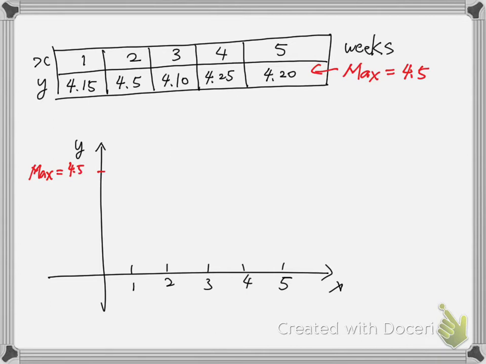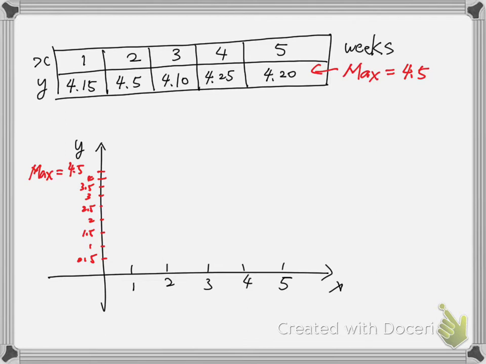Then from 0 to 4.5, we may choose 5 intervals, 0 to 1, 2, 3, 4, 5, or we may choose 9 intervals, where 0.5 is the gap: 0.5, 1, 1.5, 2, 2.5, 3, 3.5, 4, and 4.5. I didn't do a good job on the y-axis, because all these cutting points are supposed to be even, the same gap, the same length.